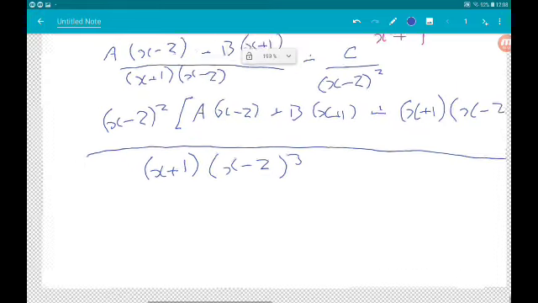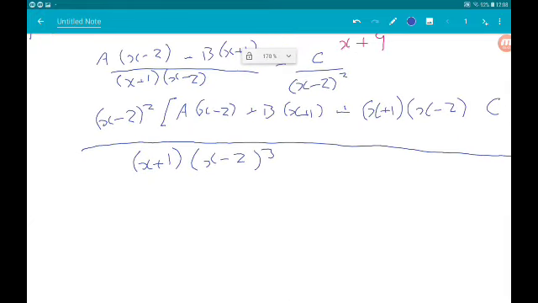Now that looks disgusting. Fortunately, there is a common factor of x minus 2.